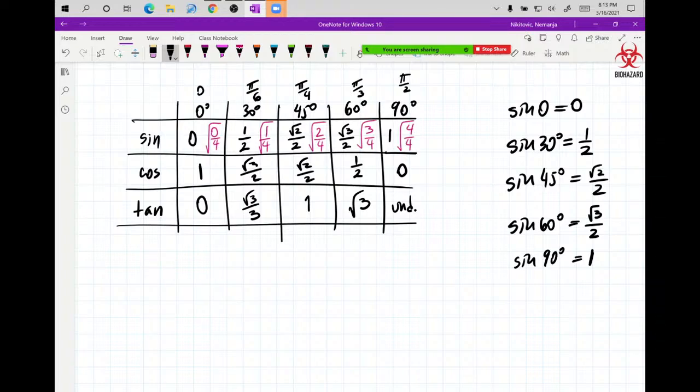So this is probably the best way to study these values, like draw this chart. We can do it the good old Eastern European way, for education. Just draw this chart 20 times. And if you don't know it by the time you did 20 times, just do it 50 times. And if you didn't figure it out by the time you did the chart 50 times, do it 100 times, which were my homework assignments every time I messed up any of these values.